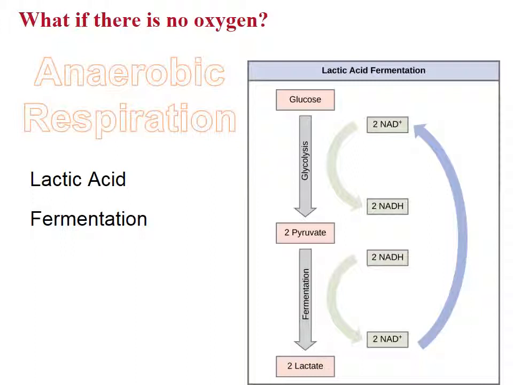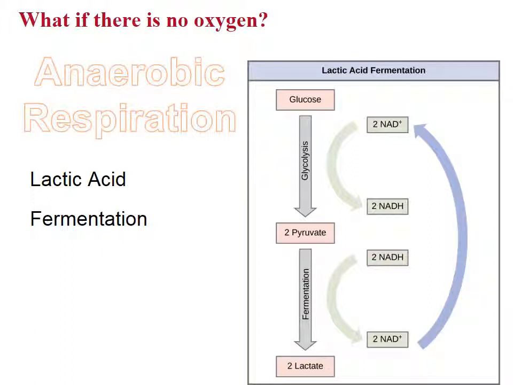So once those pyruvate are formed, your cells shout out, hey, do we have oxygen present, so that we can make the acetyl-CoA and go into the citric acid cycle? If the cell shouts back, no, we don't have any oxygen, then it's like, okay, we've got to go to plan B. So the pyruvate undergoes fermentation to produce lactate, which then forms lactic acid.